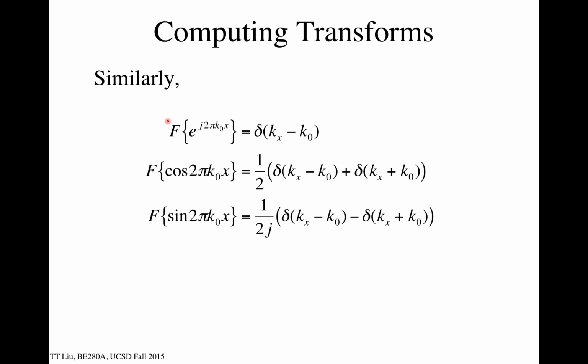So similarly, what we found is the Fourier transform of the delta function. The Fourier transform of this thing is equal to the delta function. So as that thing is oscillating around, we pull out the delta function at that frequency. The Fourier transform of a cosine, so this is just the real part, it's just a cosine wave at a spatial frequency k naught.